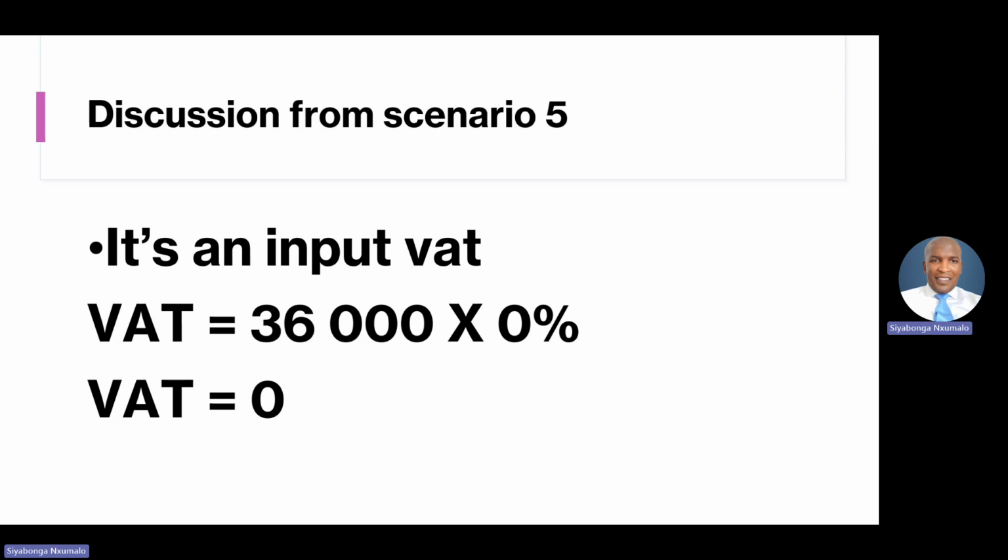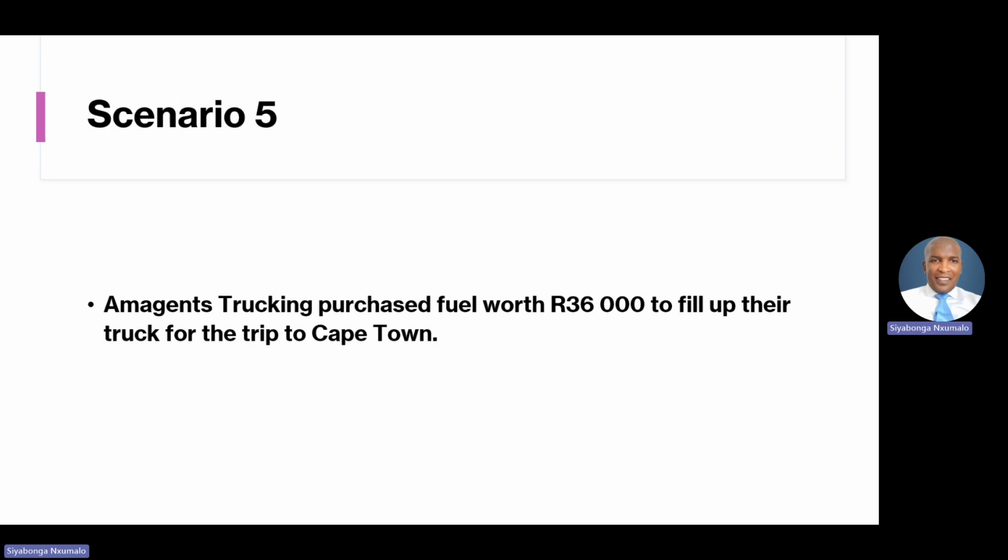So what you need to do is go on your notes and read all the items that are zero rated. In this case, it was fuel. There's a whole lot of other things that are exempt. They're basically trying to make the price cheaper, because fuel is a necessity. Even brown bread has no VAT.